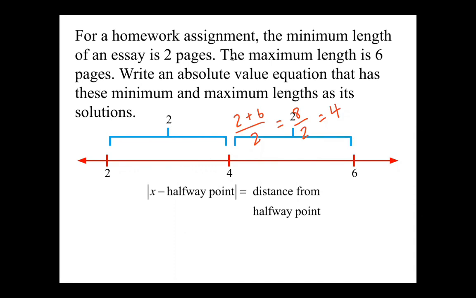So now you can set it up in your equation. Absolute value x minus your halfway point 4 will equal your distance from the halfway point, which as we identified is 2. And there's your equation for you. Absolute value x minus 4 equals 2, and that would be your solution.